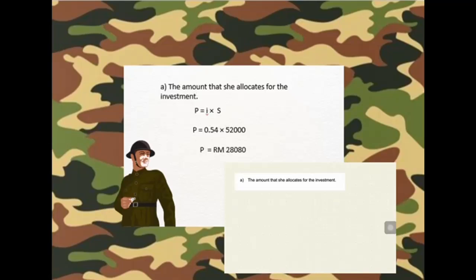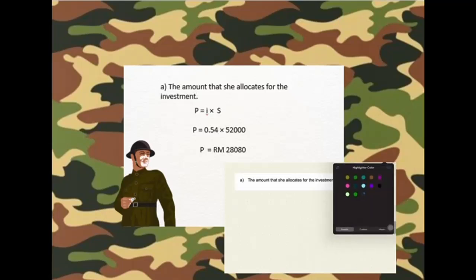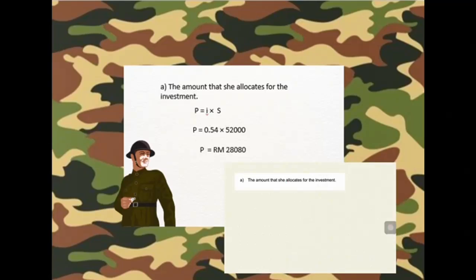For this question, we need to find the amount of P, which is the amount that she allocates for the investment. So we're going to use this formula, which is P equal to I times S. We need to put all the information into this formula.